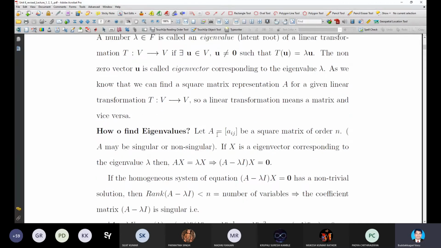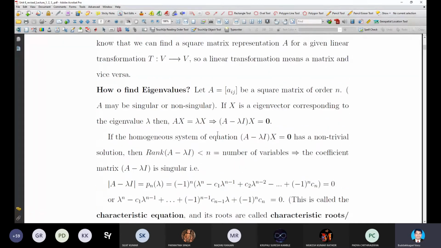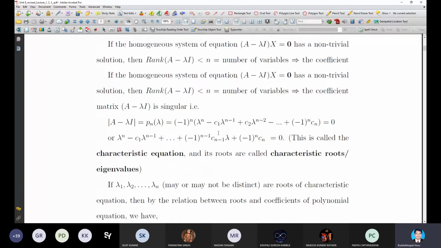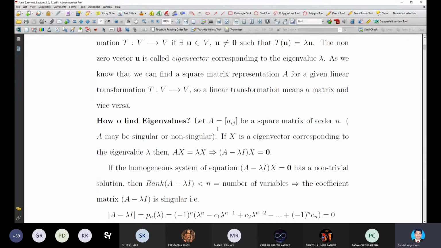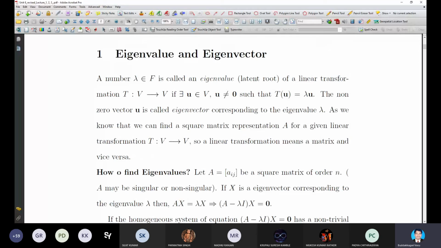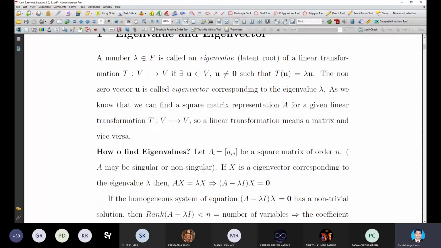We can define it in matrices too, because a matrix can be associated with the linear transformation. So consider the matrix A of order n by n, a square matrix that may be singular or non-singular.